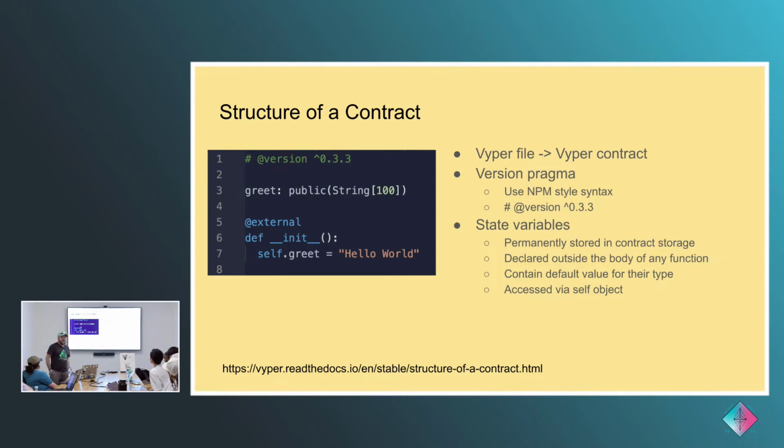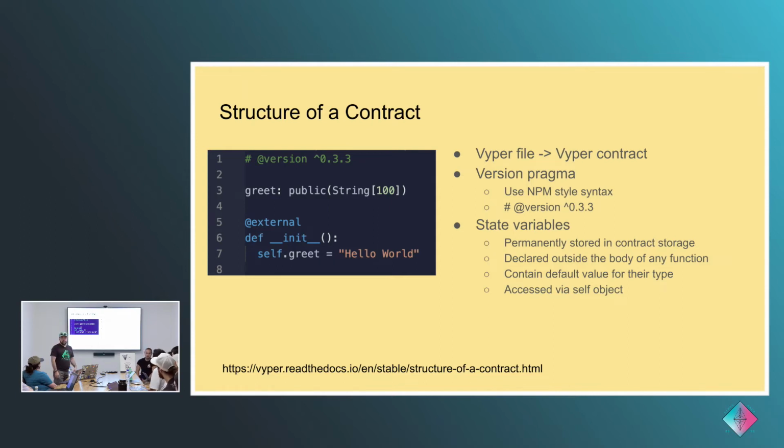One of the things is that one Vyper file equals one contract. So I'm not going to have multiple contracts within one file, but I can say that one file is a contract. You can set the version pragma similar to what you see in Solidity. It uses the npm style syntax where we start with the hash at version.